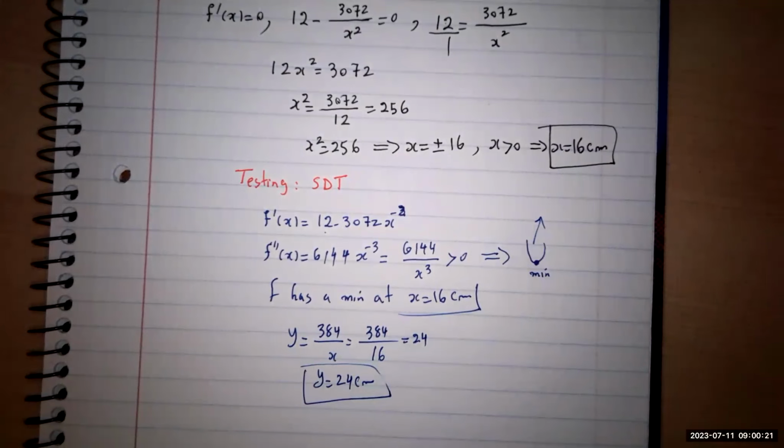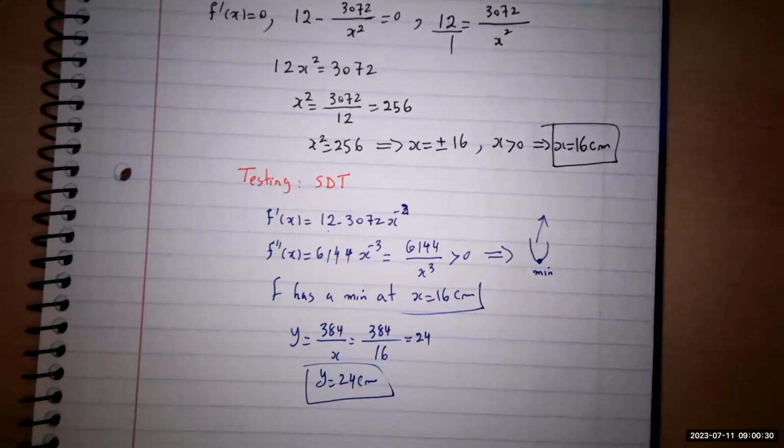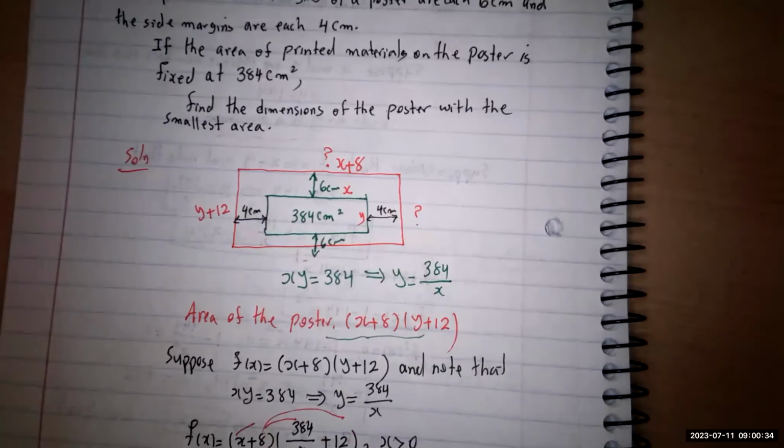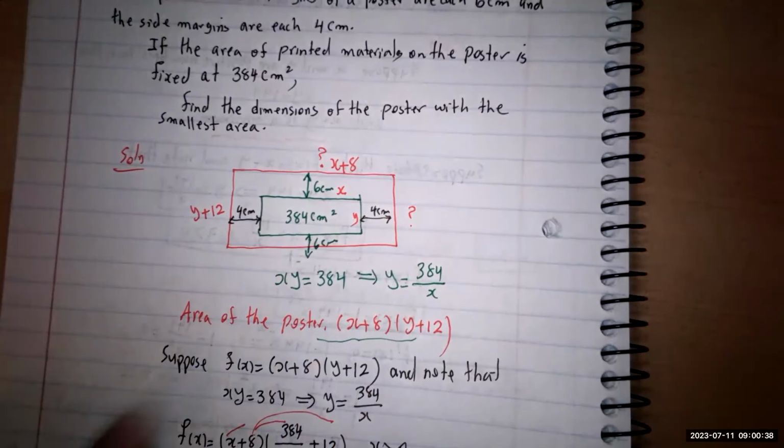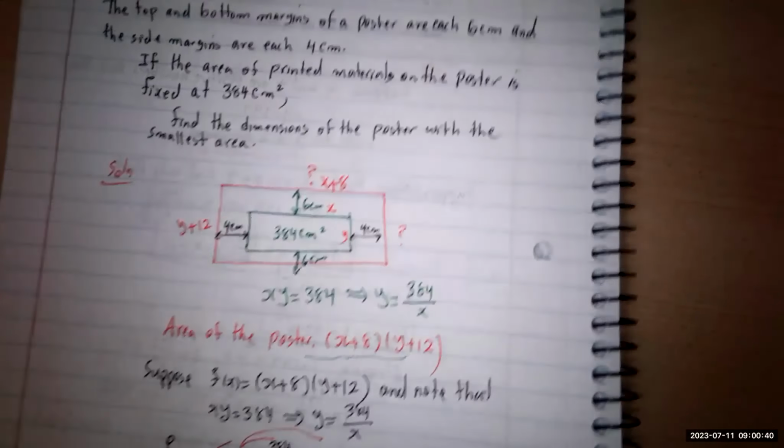Any question? Some people stop here, but there is one more step to go. Remember that this x and the y were for the printed parts. You remember this one? You are interested in the dimension of the poster, so you have to add the margins to the x and the y.